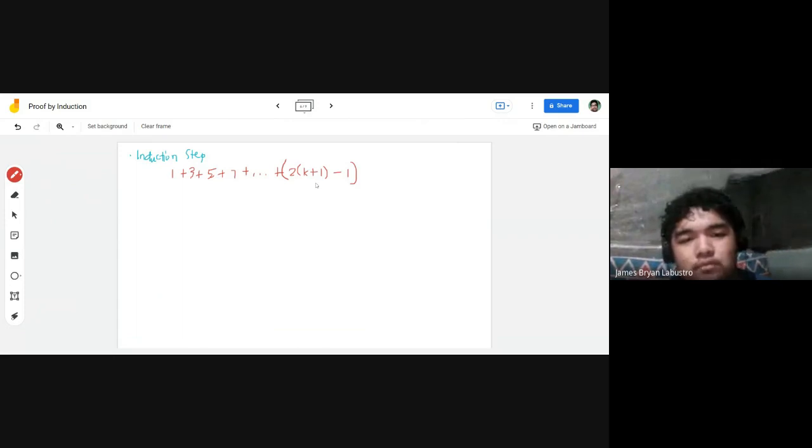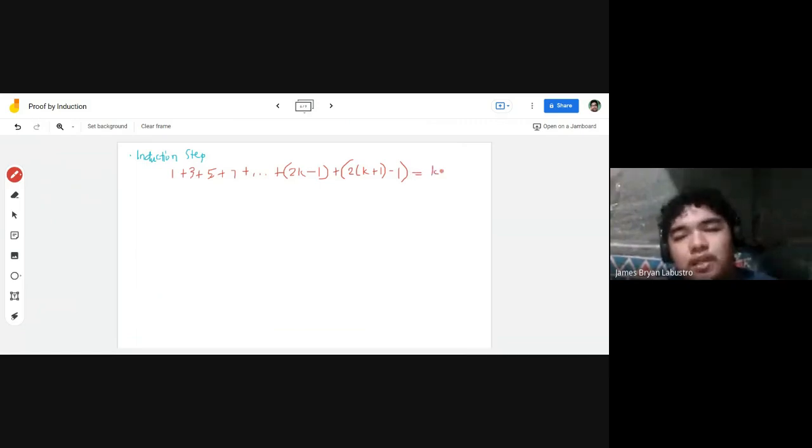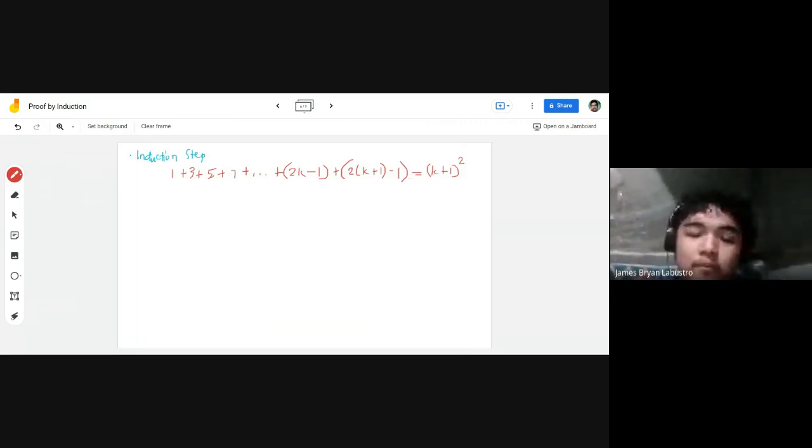Ano? Wala. You have 2k first, then add naman, 2k minus 1 plus 2 times k plus 1 minus 1 equal to k plus 1 squared. So, ganyan. Okay.